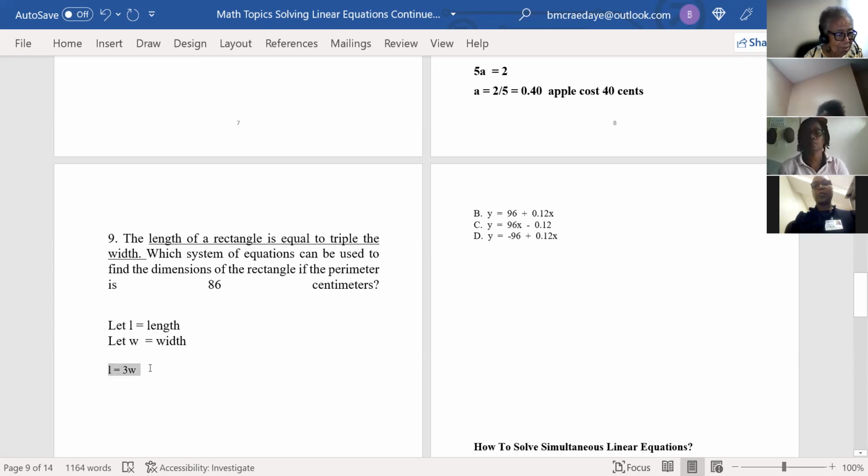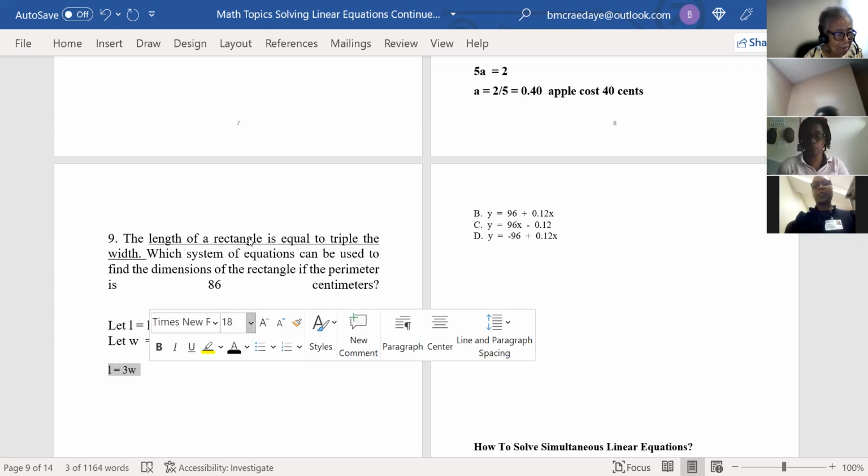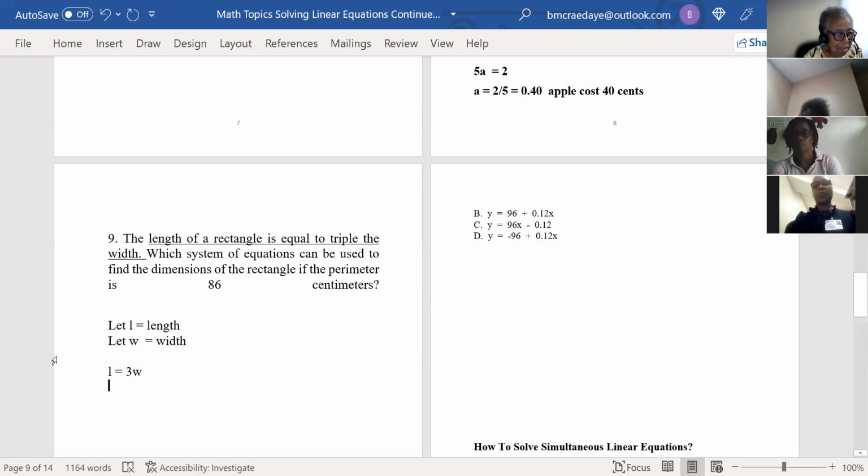We said the length was L, and 3 times the width would be 3 times W, which we said was the width. So length equals 3W. That's one of the equations: length is equal to 3 times the width.